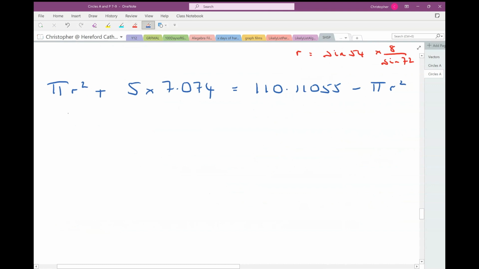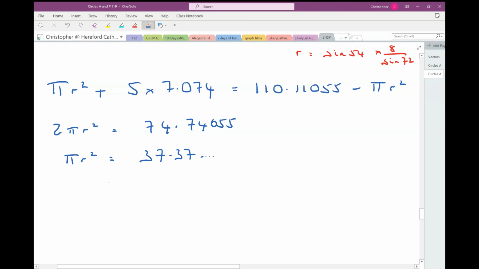Add pi r squared to both sides, so I get 2 pi r squared equals, subtract 5 times 7.074 from both sides, and I get 2 pi r squared is 74.74055. Divide both sides by 2, gives me that pi r squared, the area of that circle in the middle, is 37.37. Keep all those digits on your calculator.